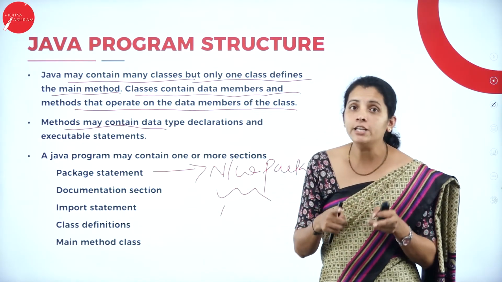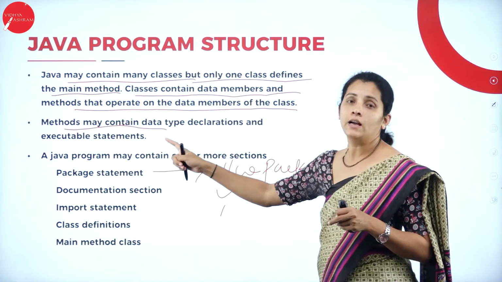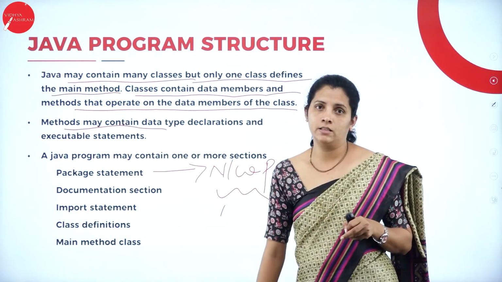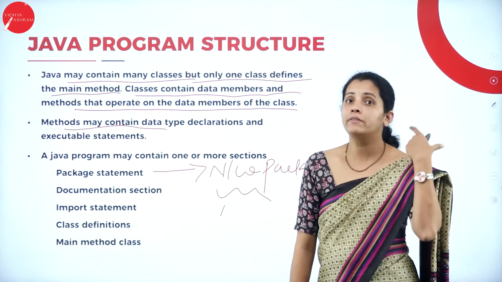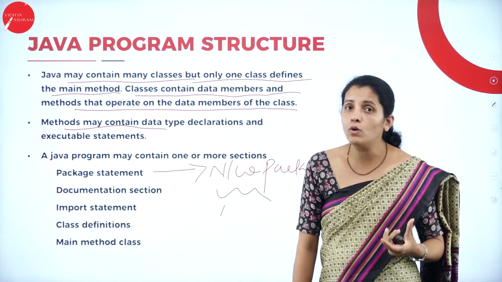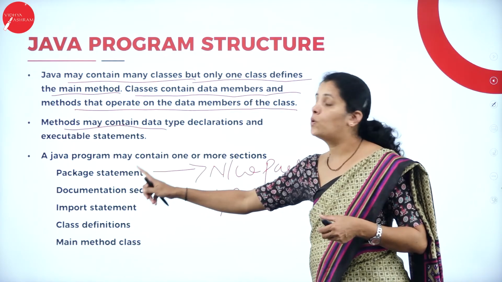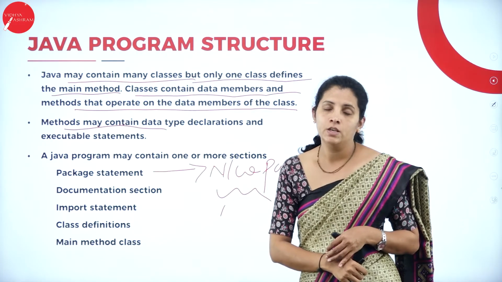In the documentation section we can write the comments. Then what is the import statement? Whatever file or class or methods I want to import, that should be written inside the import statement.